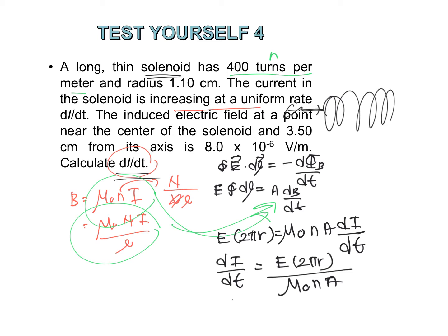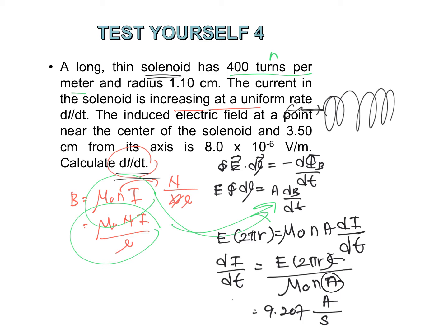So the answer is going to be 9.207 amperes per second. Okay, so as you can see, here 2 pi r is where the change of the magnetic flux occurs, and the area here is the area where the question asks you to find it.